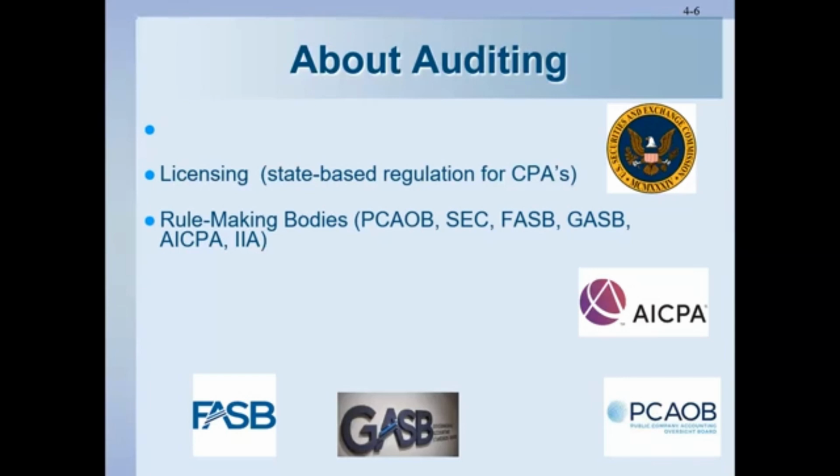Established in 1973, the Financial Accounting Standards Board, or FASB, is an independent private sector, not-for-profit organization based in Connecticut. And that agency establishes financial accounting and reporting standards for public and private companies and not-for-profit organizations that follow GAAP, the generally accepted accounting principles.